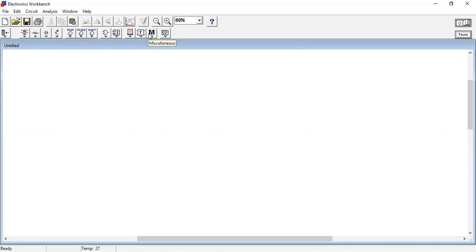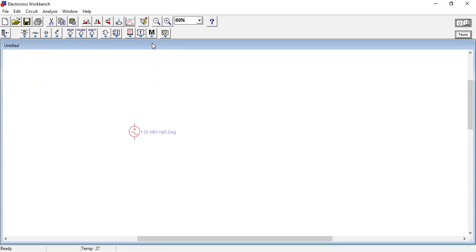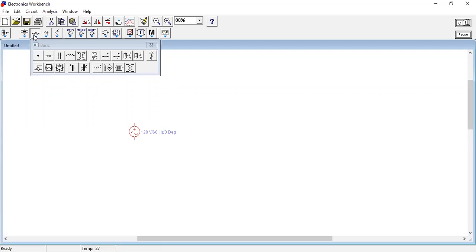And we want a transformer. You can change it in the taskbar. Here is the transformer, so we can take this one. Then we can connect the AC source to the transformer.